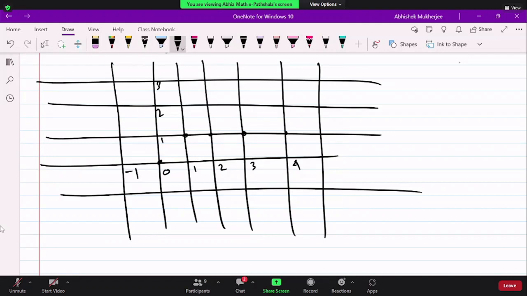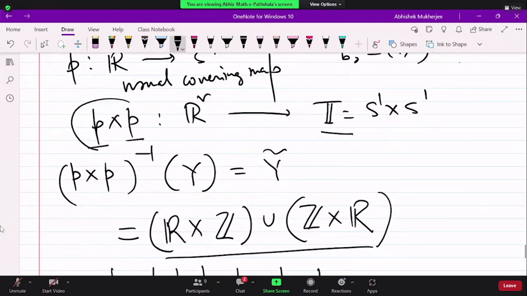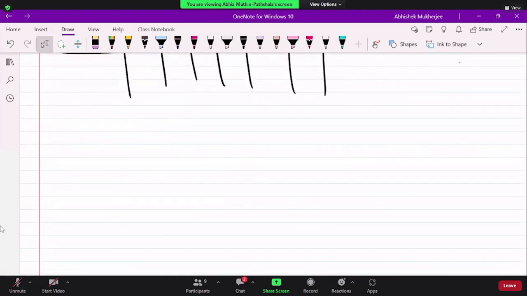And you can check that since we have already seen this, P cross P is nothing but again a covering map. And we are taking the restriction of this map at y tilde.